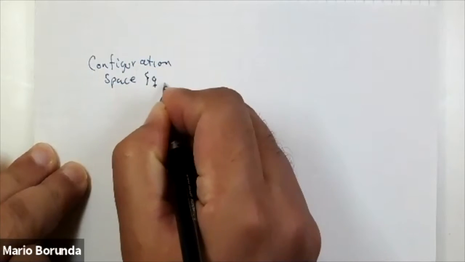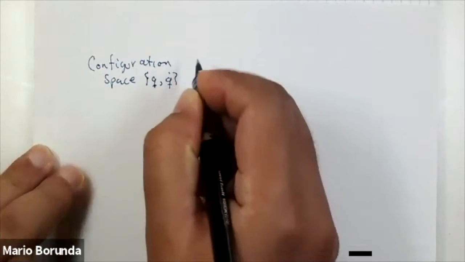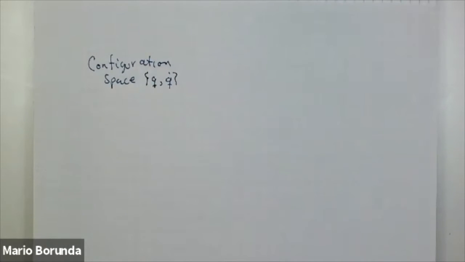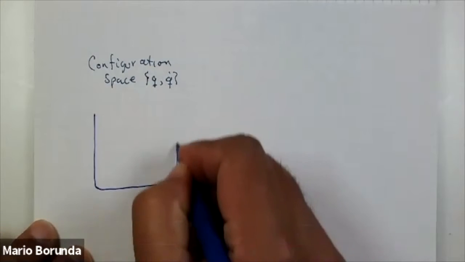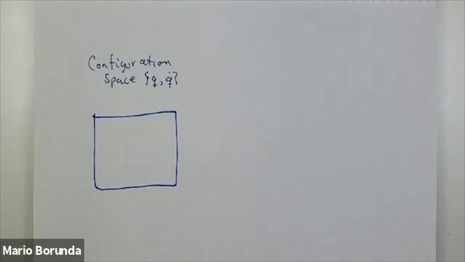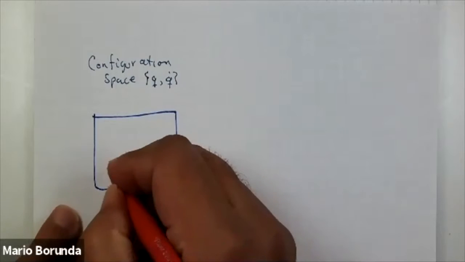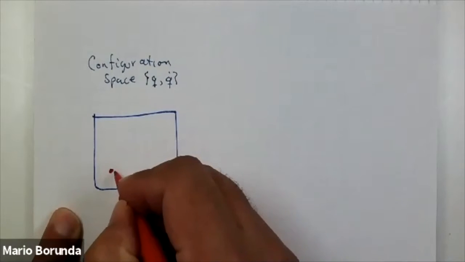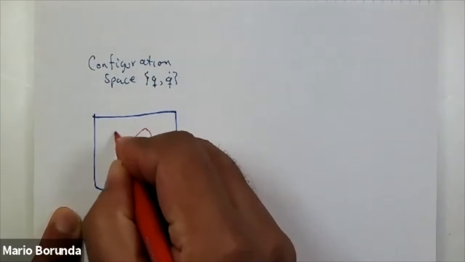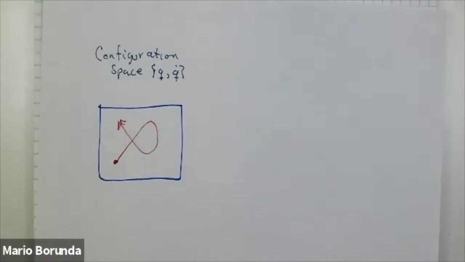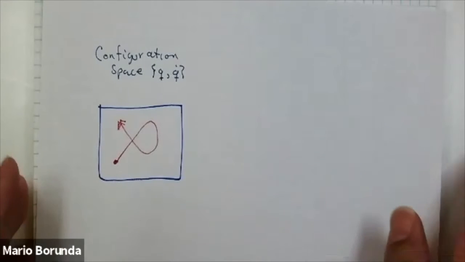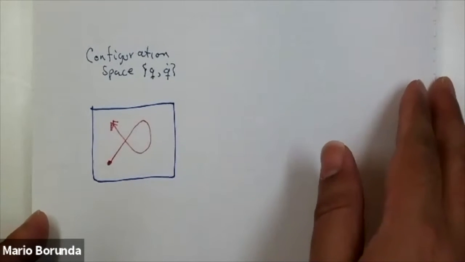So this is your q and q dot. And we would have a starting point here. And then maybe in configuration space, it looked like this. And that's the flow, the direction that this system is taking over time.